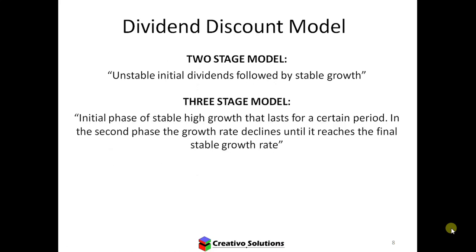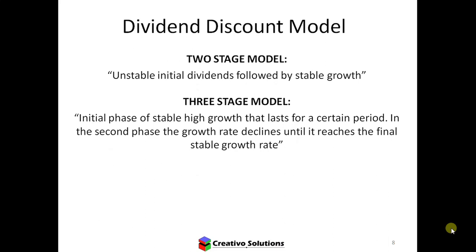If I have a 3-stage model, well then the expectation in terms of dividends will alter or fluctuate over a period of time. Because I'm taking future cash flows and discounting them back in time, I want to make sure that those dividends are reliable. In other words, have I estimated what those future dividends are? Maybe I might want to use a 3-stage model. Remember, a model is an expectation.